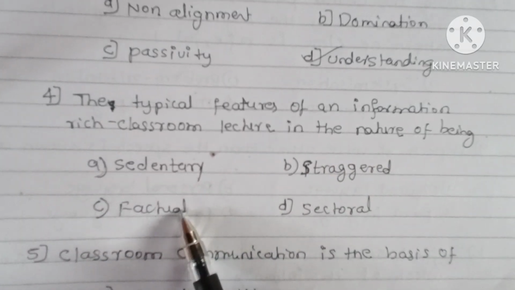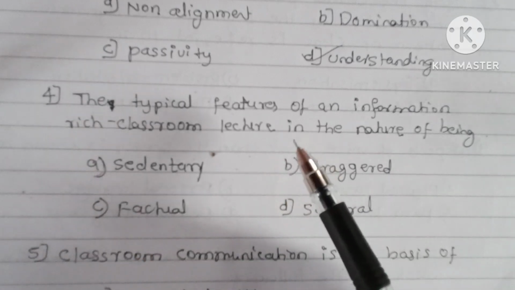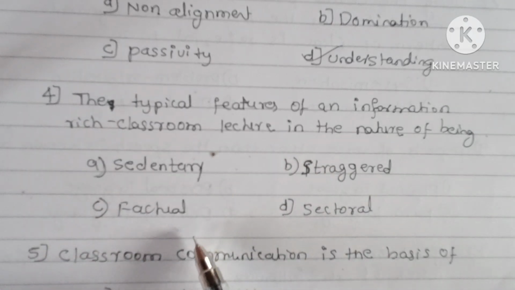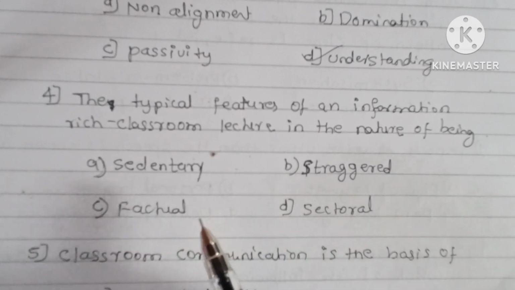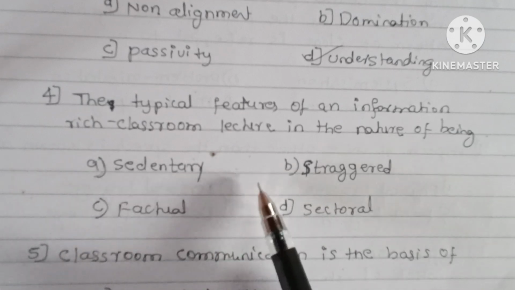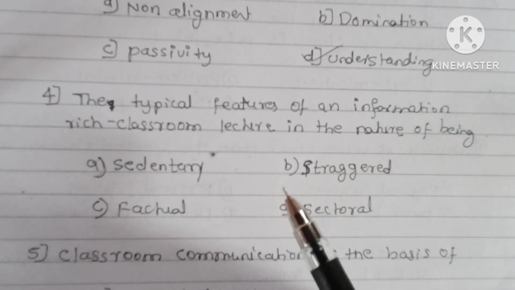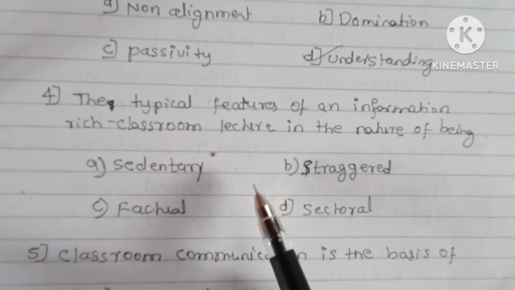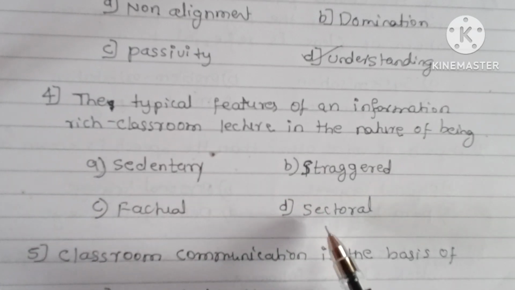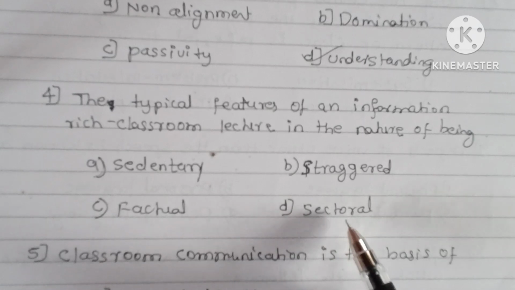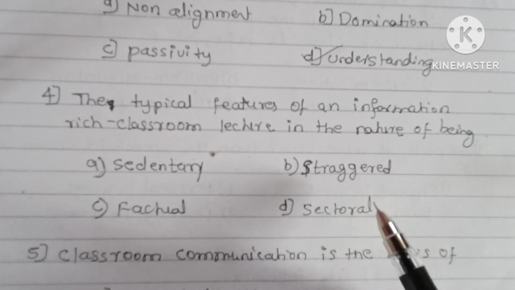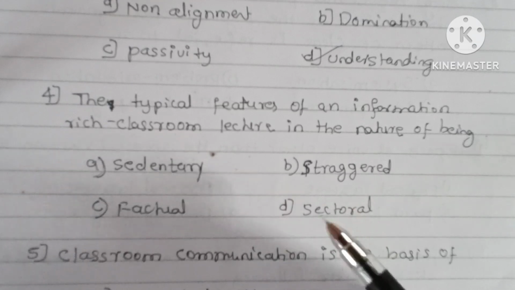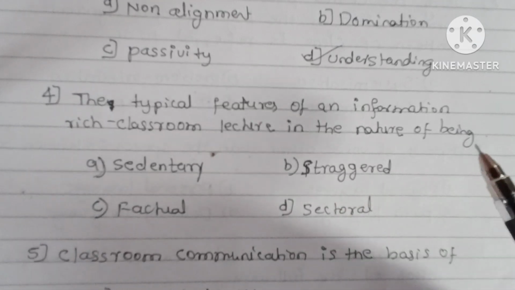Factual information circulates more information in a classroom. This is the typical feature of an information rich classroom. This can lead to a positive, effective communication process in the classroom. And the last one, sectoral, gives the information in bits or pieces.